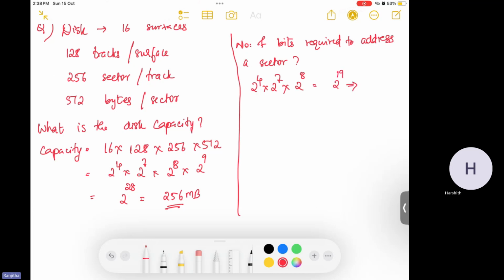This implies that we need 19 bits to address a sector.